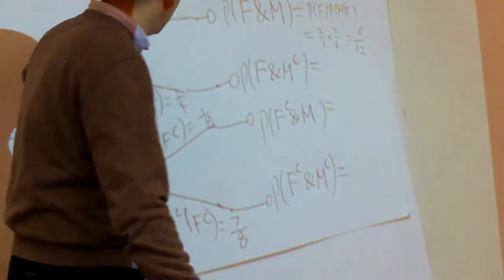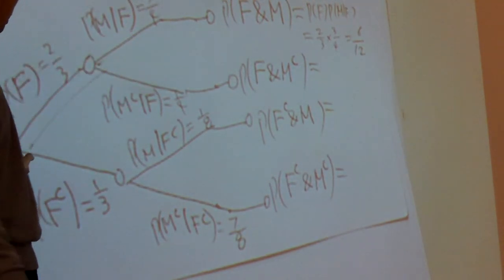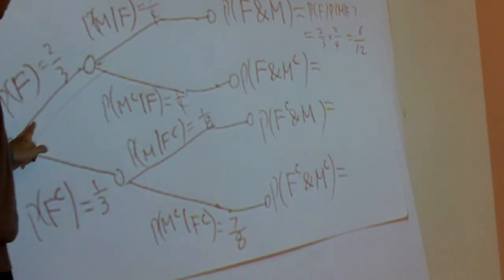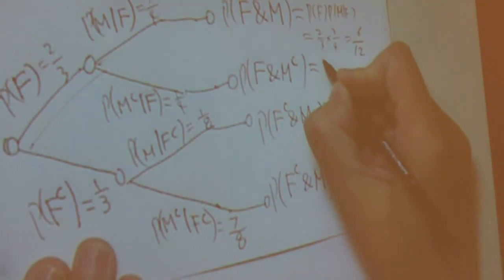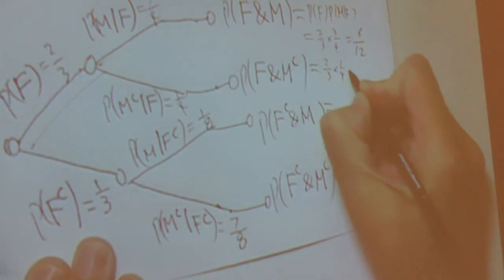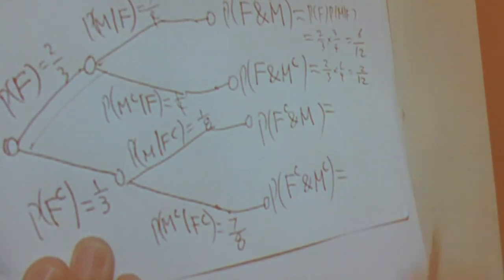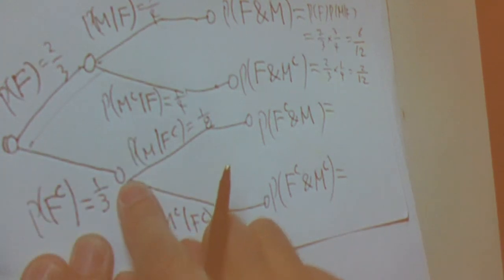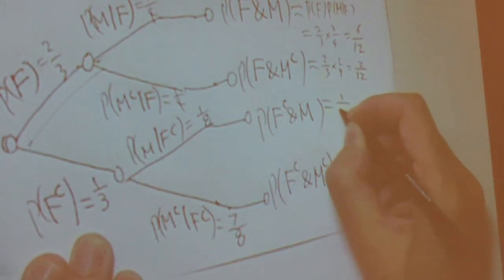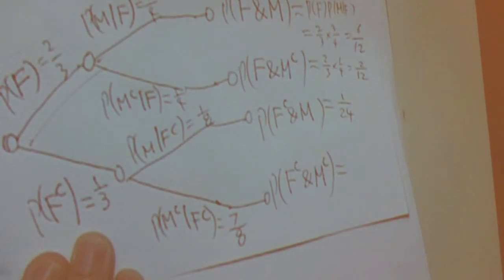So how about this route? This route from here to here is going to be 2/3 times 1/4. So this gives you 2/12, right? How about that route? I think I can do this quickly. 1/3 times 1/8. So it's 1/24.